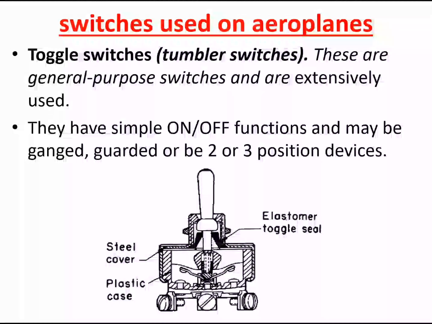So as you can see, it has a steel cover and an elastomer toggle seal, and pretty much it looks like that. It has a cover contact where you put your wires and where you move.